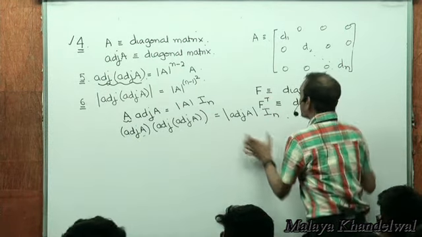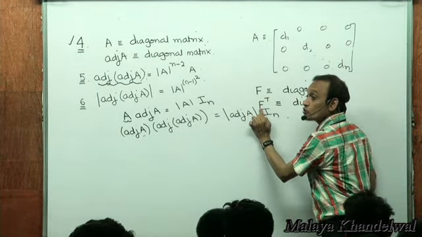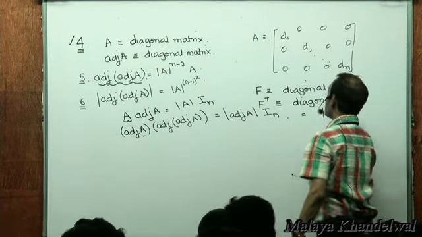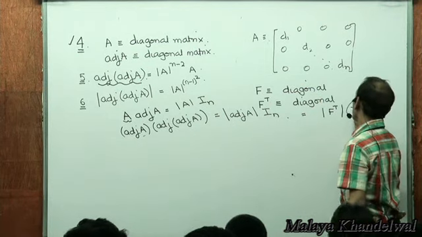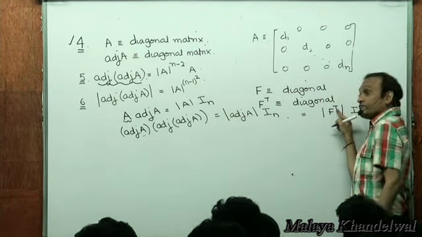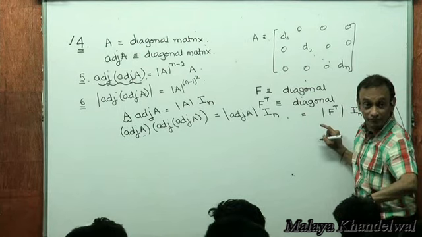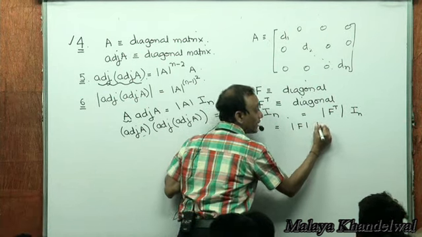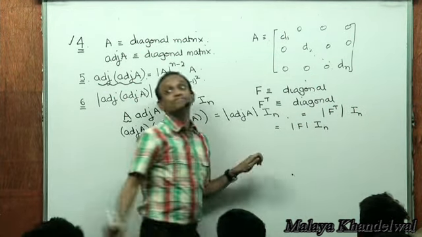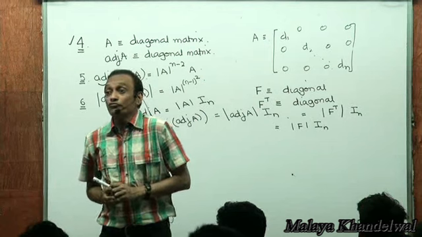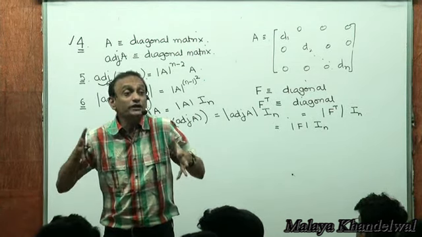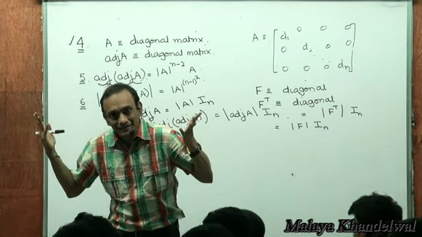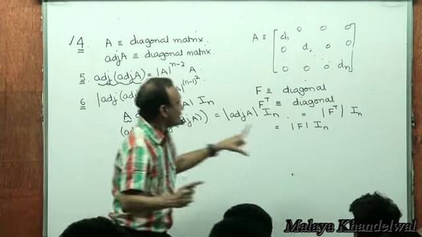Now, adjoint A is what? The matrix of cofactors transposed, right? But determinant of F transpose is the same as determinant F. And did I not establish the determinant of cofactors would be determinant of A to power what? N minus 1. Did I not tell you this in the last class?